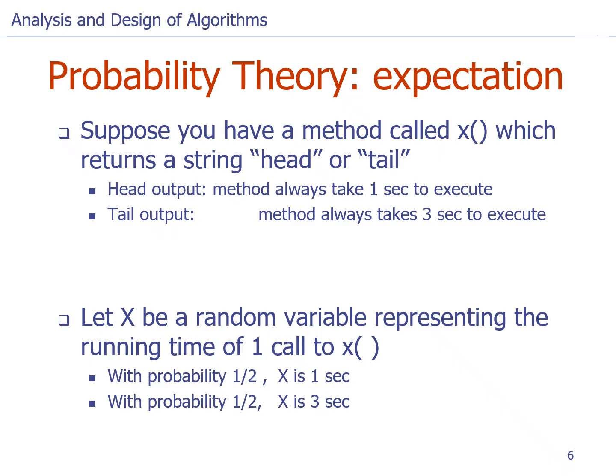So suppose you have a method called X, which returns a string, head or tail. Sounds familiar, I'm sure, because you've learned probability before. Now, if the return value from X is head, it always takes 1 second to execute. If the return value from the method is tail, it always takes 3 seconds to execute.